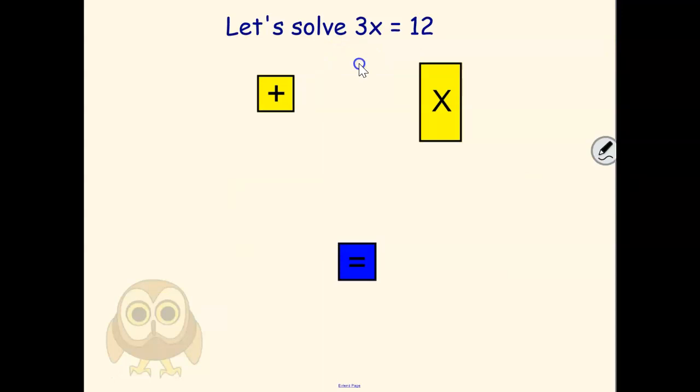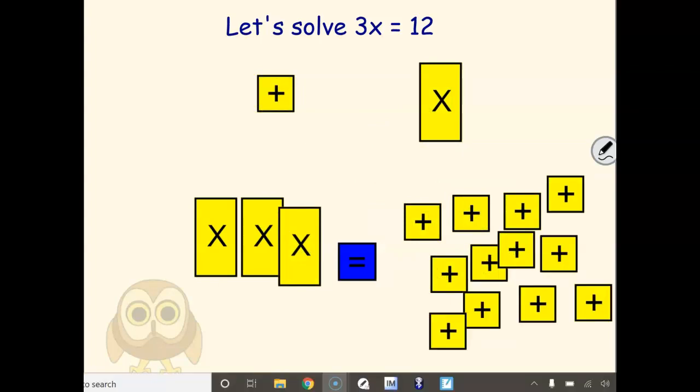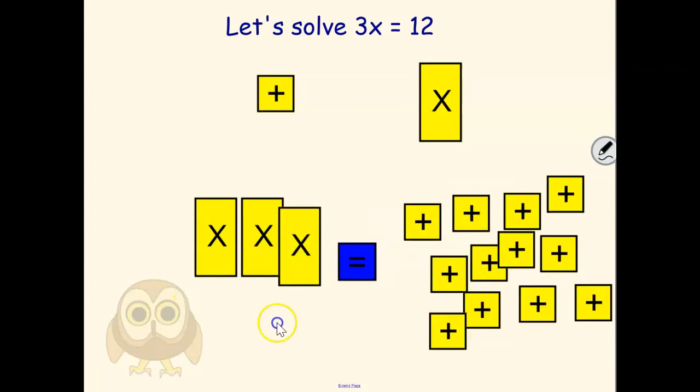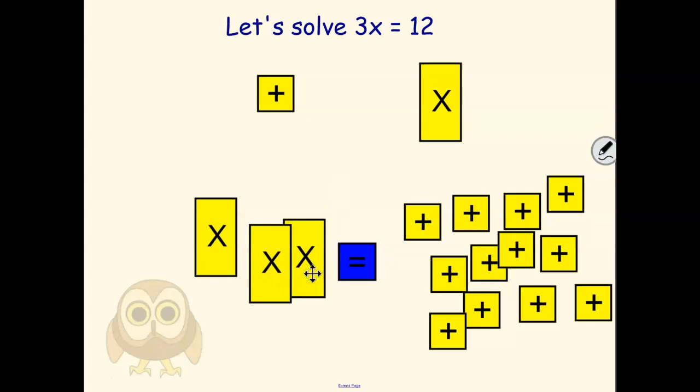Okay, what about not just adding and subtracting, what about when we have multiple x's? Well, if I have 3x equals 12, all right, I sped that up for you. So again, I'm still trying to get x by itself. I can't just take away 2 of these x's because I don't have x's on the other side to take away.